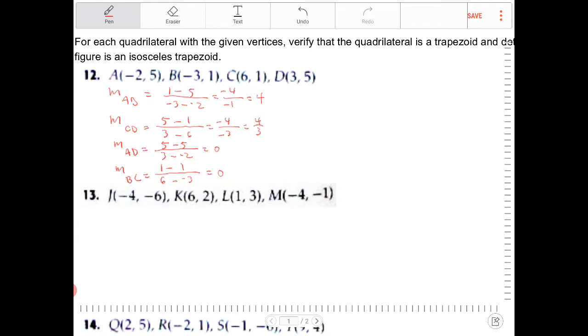So what I'm going to do is I'm going to find the diagonals. And how do I find the diagonals? So remember, I want to find the length of AC.